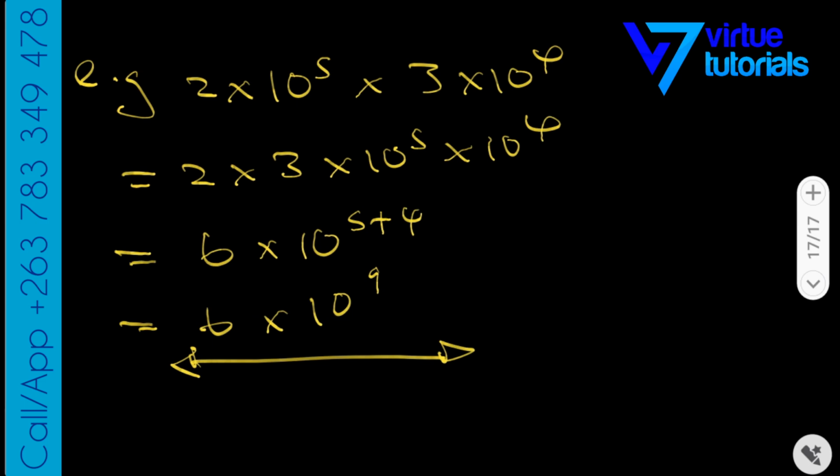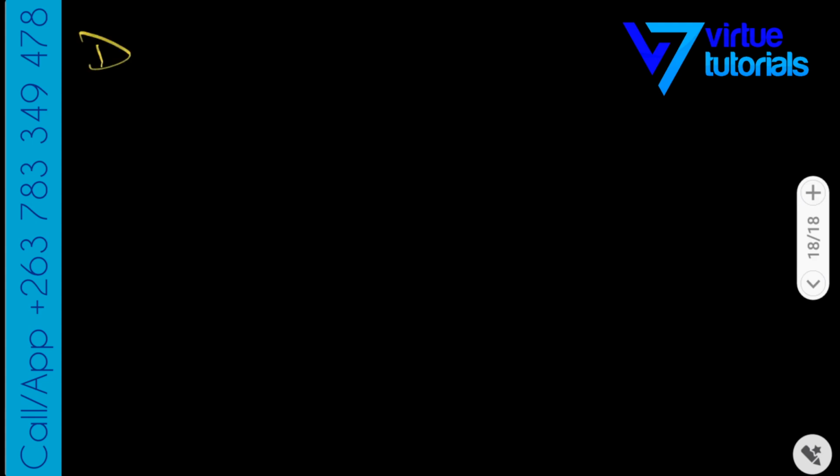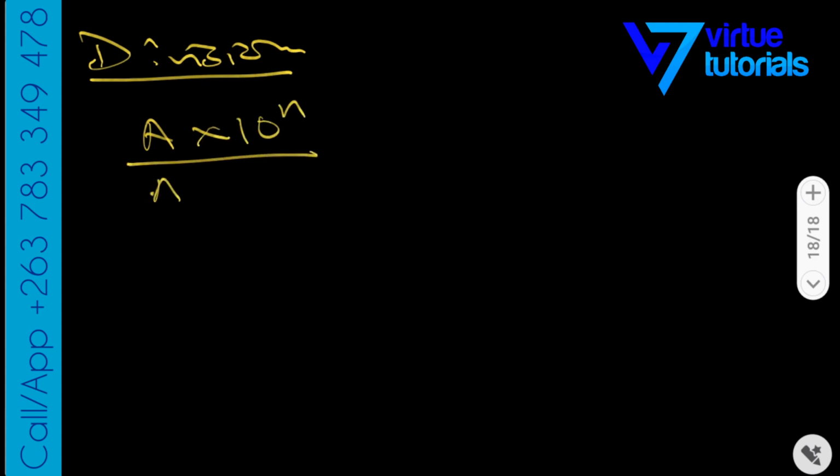That is really incorrect. For division now, we have a times 10 to the power n divided by b times 10 to the power m. You separate so that a divides over b, and then 10 to the power n divides over 10 to the power m.